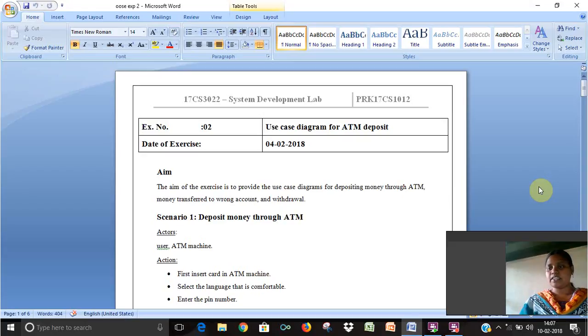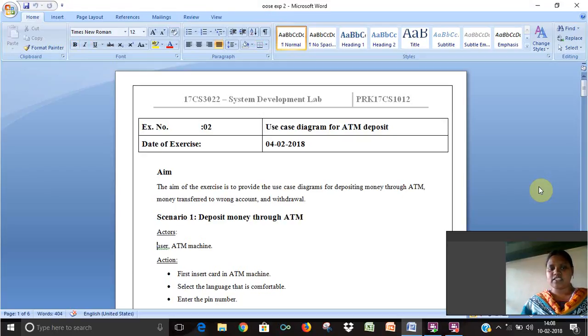a use case diagram consists of actors and actions. The actors here are the user and ATM machine, and the first scenario is deposit money through ATM.